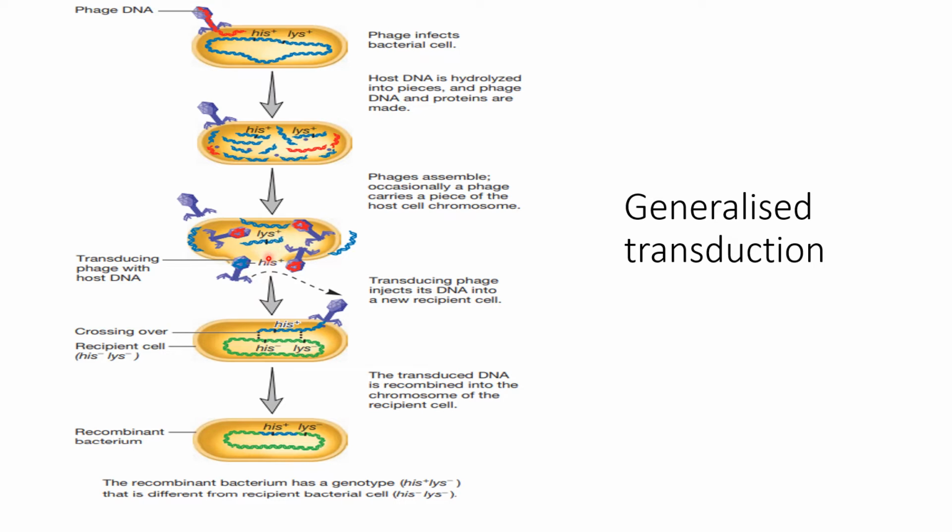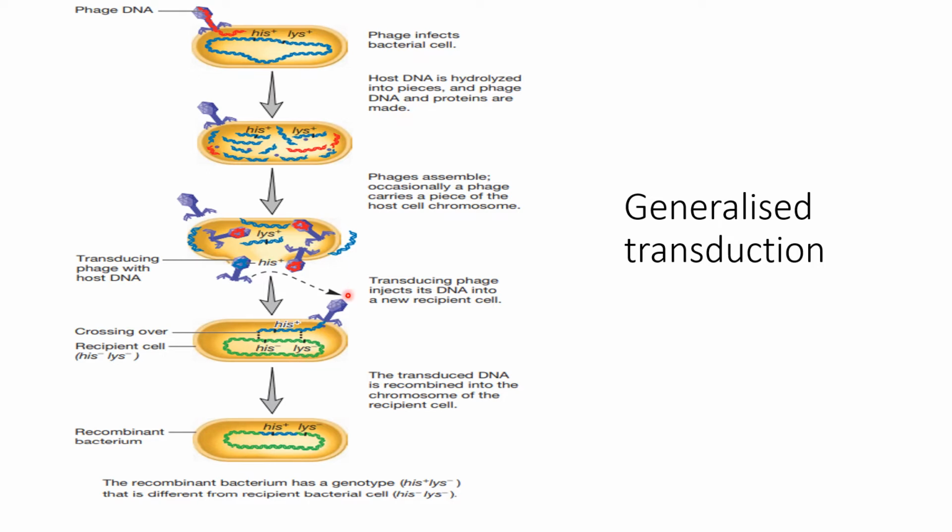So instead of phage DNA, the bacterial DNA has entered, which is basically the his plus DNA, or his DNA has entered this phage particle. As I said, this is also a complete phage particle. So it will come out of this lysed bacterial cell and it can go and bind on the surface of another bacterial cell, and it can undergo penetration where the DNA will enter another recipient bacterial cell. Fine.